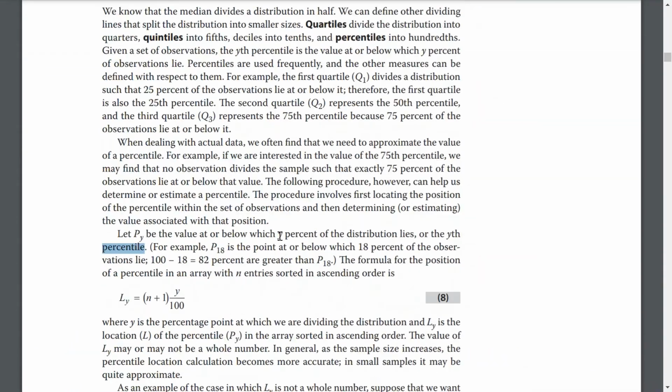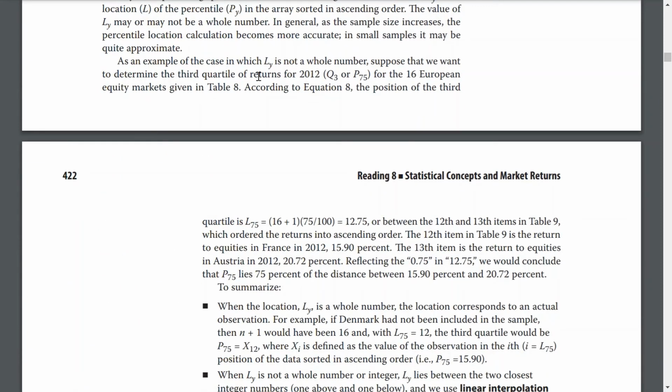As an example of the case where L sub y is not a whole number, suppose that we want to determine the third quartile of returns for 2012 Q3, or P75, for the 16 European equity markets given in Table 8.